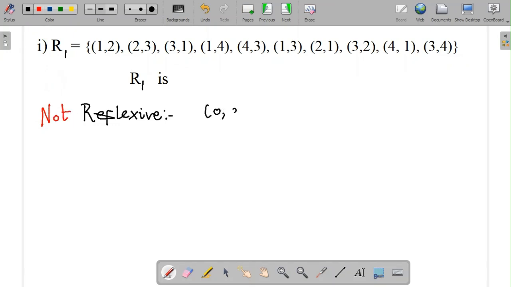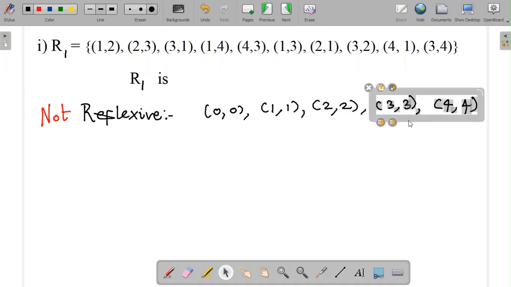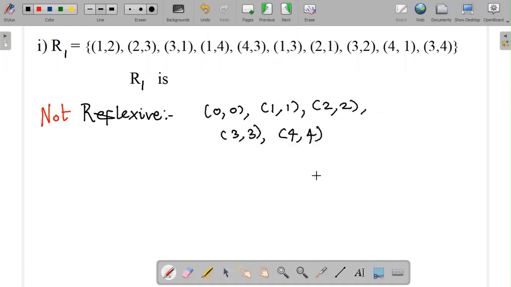Because the pairs (0, 0), (1, 1), (2, 2), (3, 3), and (4, 4), which must be present in the set, are absent. For every element belonging to the set A, we must have the reflexive ordered pair as part of the relation. These must be present, they are not. We don't find any of these ordered pairs in R1, therefore this relation is not reflexive.